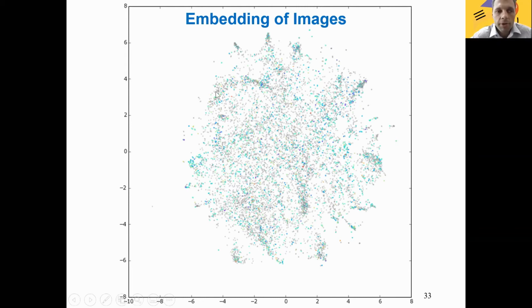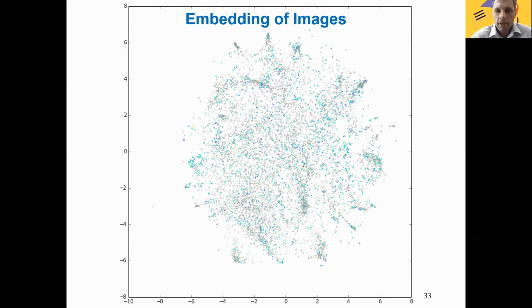This cloud of points is some subset of ImageNet, where we process each image using the neural network, and then we project features on a two-dimensional plane, right? That's it.